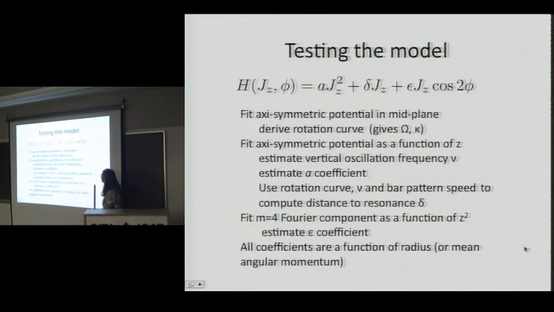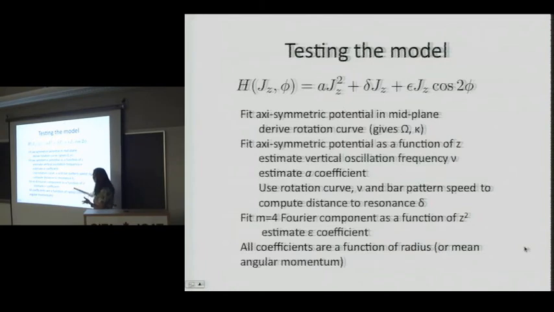So this is how I tested the model. First I took the simulations and I took the axisymmetric potential. I get the rotation curve and figure out where the resonances are in the simulation.